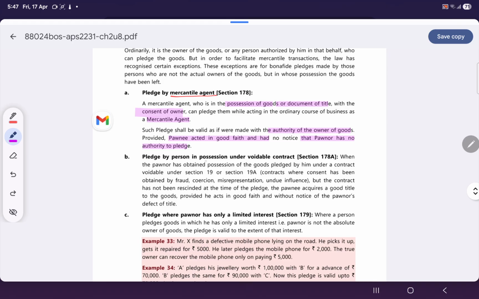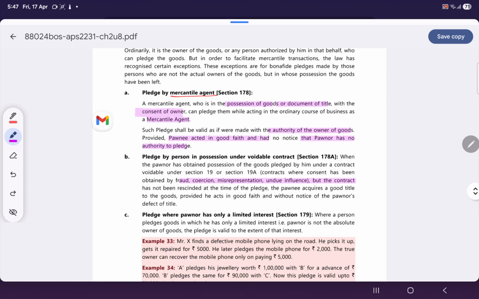Pledge by person in possession under voidable contract. See, sometimes the pawner gets the goods on the basis of coercion, fraud, misrepresentation and undue influence.